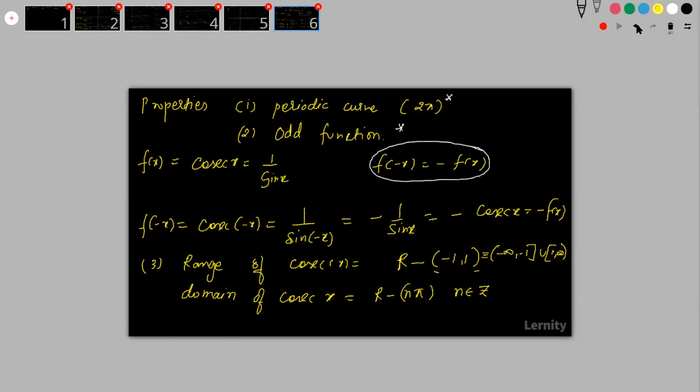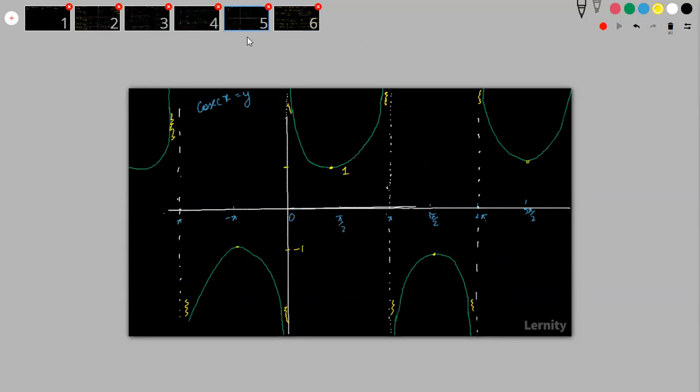Once you copy this, I will explain the range once again. Domain and range both I will explain, don't worry.